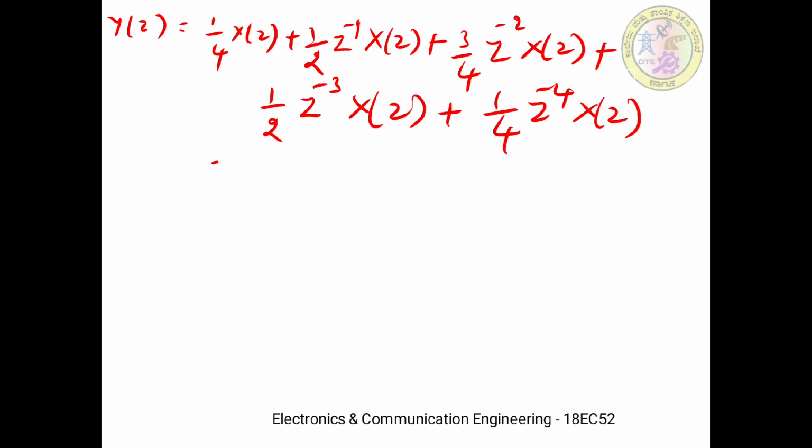So this is what it is equal to Y of z actually. Okay, so now we will get y of n by applying the IZT on the above equation.